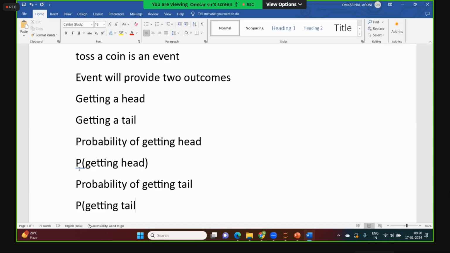Suppose you want to make it an event where H is equal to getting a head and T is equal to getting a tail. The same thing you can write as probability of head H, and the same you can write for probability of tail. So you need to understand that an event is an experiment, and that event will give two outcomes. Getting a head is one outcome and getting a tail is another outcome.